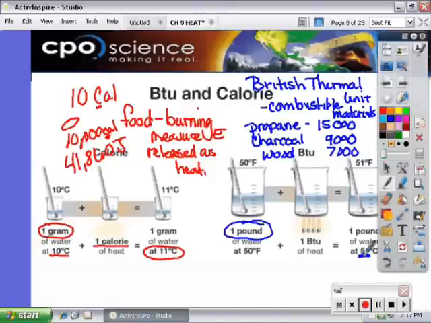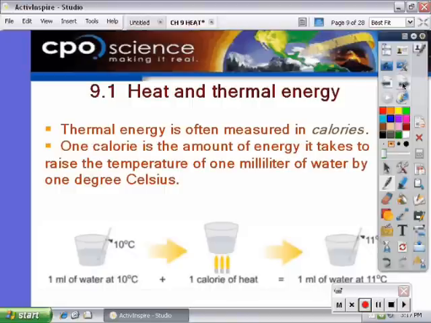So very similar, depending on what your reference is on talking about that. Thermal energy is often measured in calories. Here we are just explaining verbally what it actually means by increasing the temperature 1 degree Celsius of 1 milliliter of water.